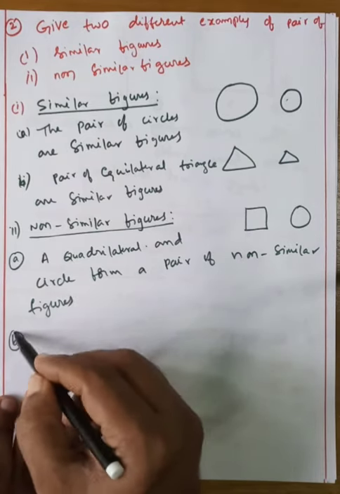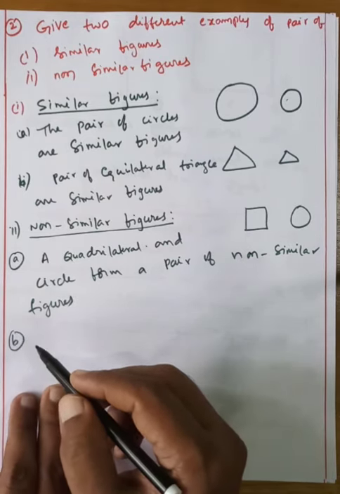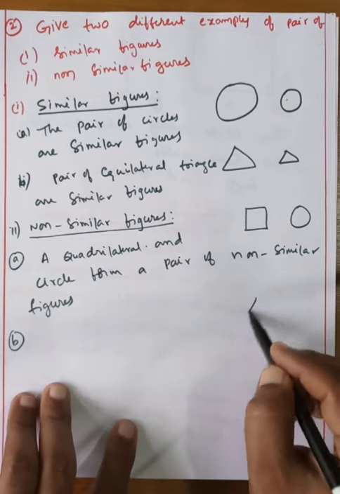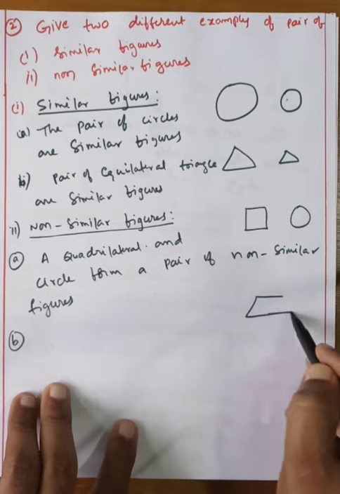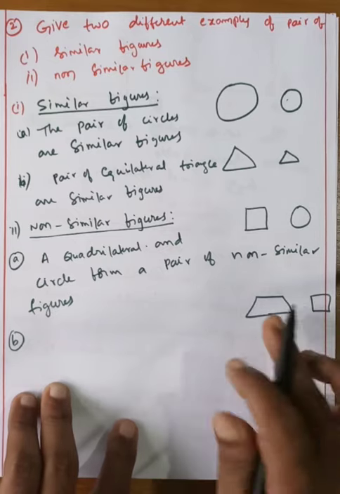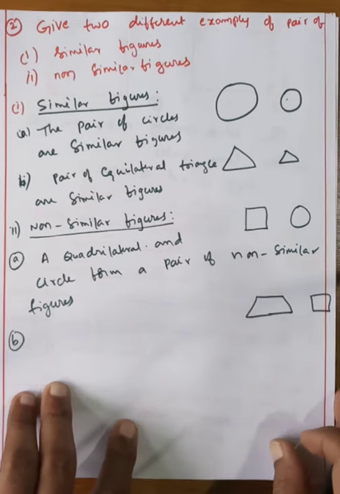Next B, a square and a trapezium. Trapezium means you know this. This is the trapezium. First of all, the shape is also different.